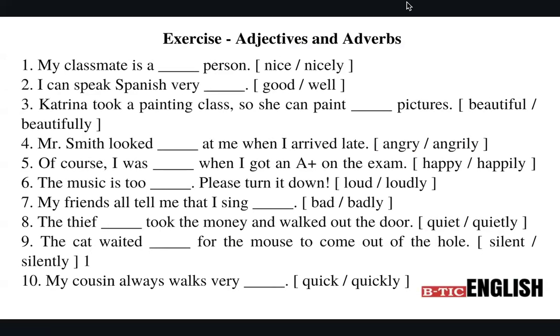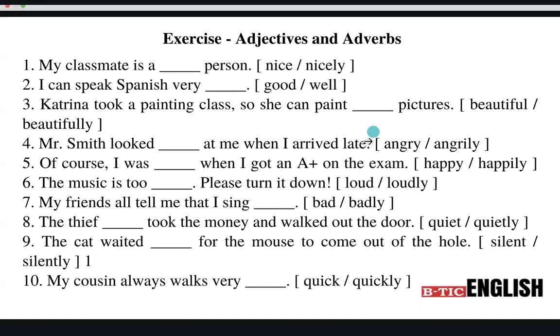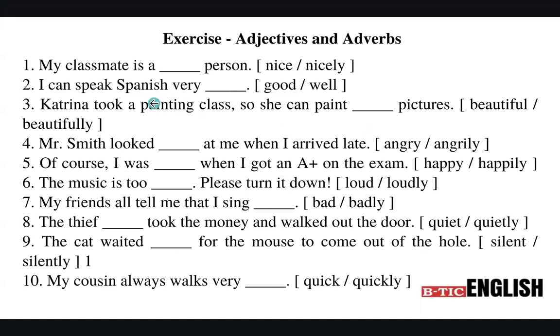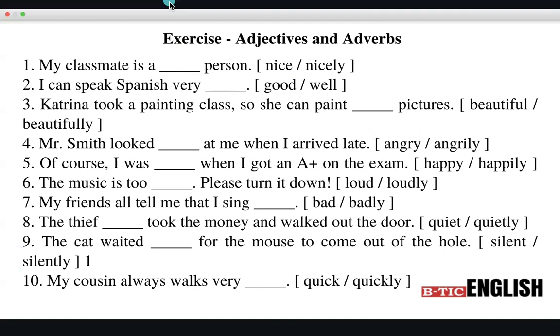Right, now you have homework. I want you to do this for homework. Here you have to select whether you're going to go with an adjective or an adverb. Remember, what does an adjective do, Abdullah? An adjective describes a noun or a pronoun. And an adverb describes a verb, an adjective, or another adverb.